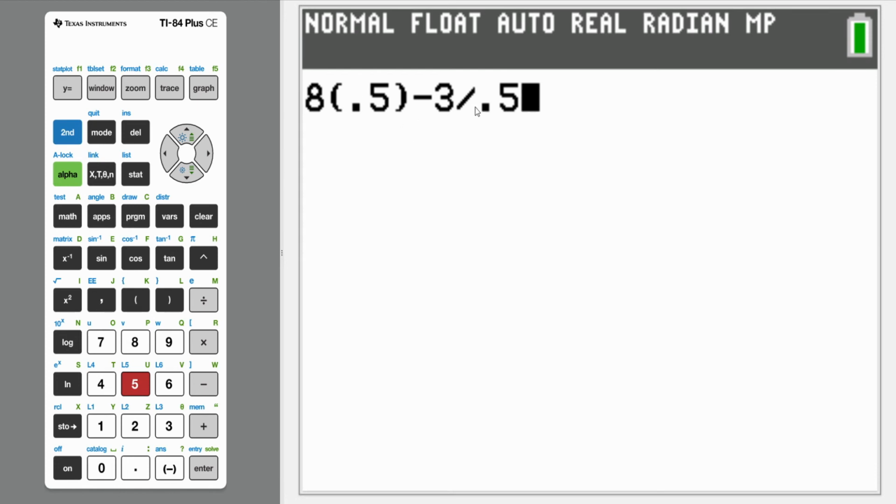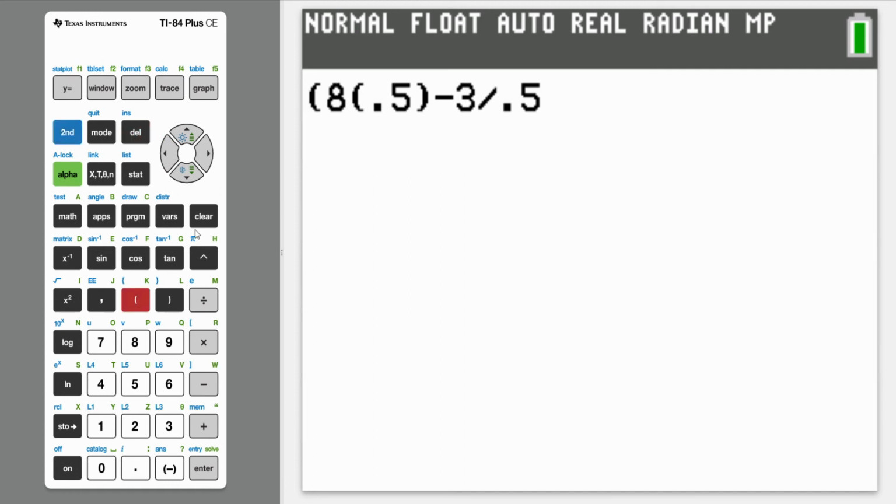You have to be careful, though, because PEMDAS says I've got to do 3 divided by 0.5 first. It's not going to simplify the whole top. It's only going to simplify the 3 with the 0.5 instead of everything. So I'm going to have to be careful and insert parentheses around this entire top part. Whenever you're typing fractions into a calculator, make sure that each part of the fraction is separated.